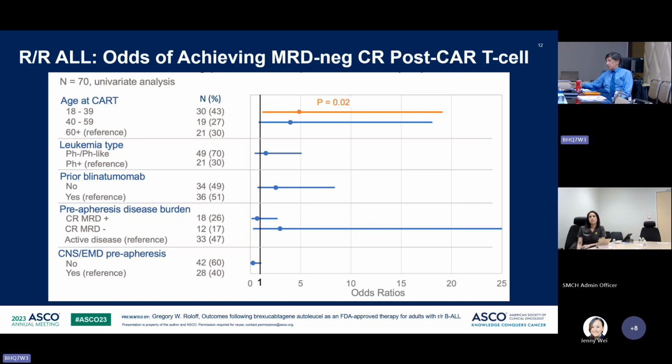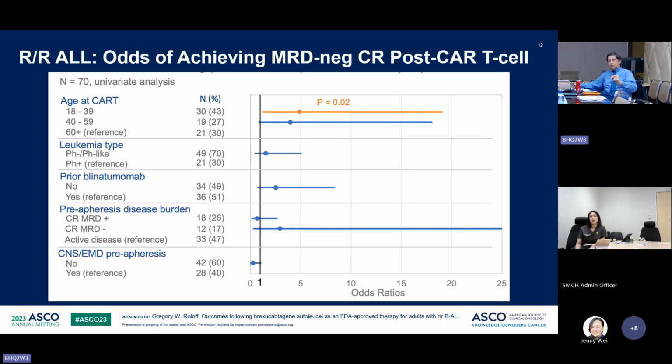It turned out that if you're a child or a young adult, you had a greater likelihood of getting MRD negative status. It didn't matter if you're pH-like or pH positive. It didn't matter if you had prior blinatumomab or what your disease burden was before you collected.